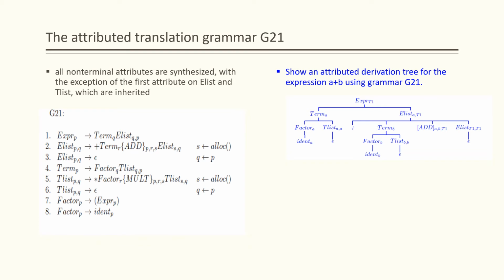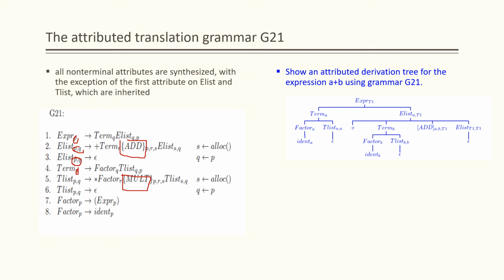The operations will be represented as action symbols here, in this case add and multiply, but with attribute information. This is the subscript down here, so it is much more complex. This is what we call an attributed translation grammar. It has attributes, and it also has action symbols on what to do.